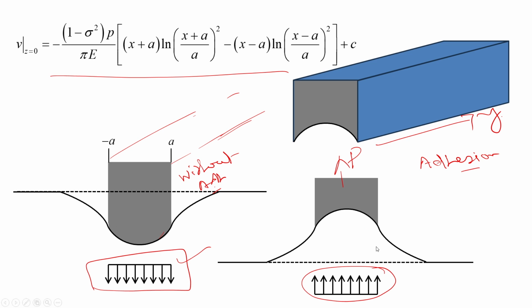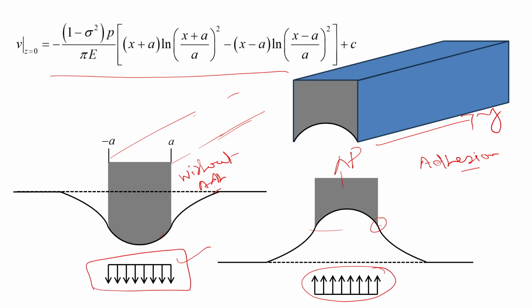Over here, however, see that at this edge there is a finite tensile stress, and the tensile stress is uniform everywhere. As a result, in this case the debonding may start anywhere: at the edge, or somewhere inside as well.